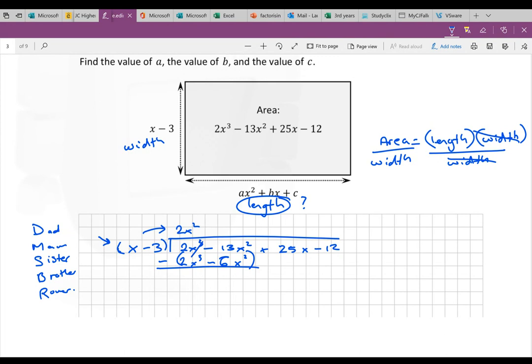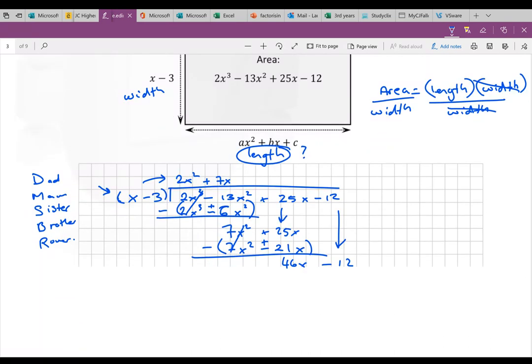So 2x cubed minus 2x cubed is 0. Minus 13 minus minus 6, so 13 plus 6 is 7x squared, and bring down the 25x. Then I repeat: x goes into 7x squared 7x times. I multiply 7x squared minus 21x, subtract, they're gone. Minus by minus is a plus, 25 plus 21 is 46x, bring down the minus 12.